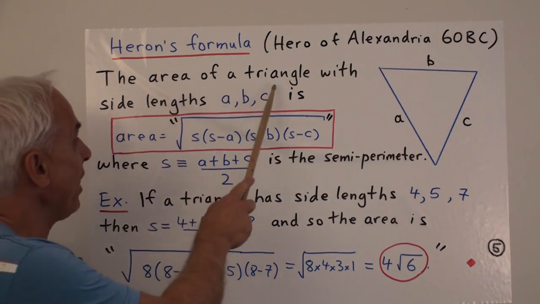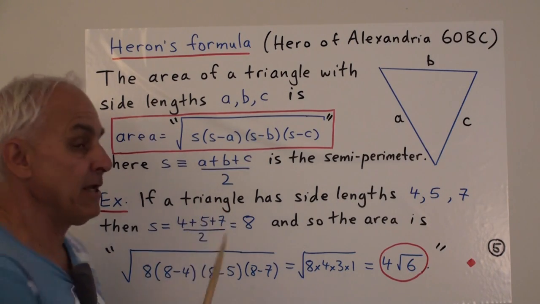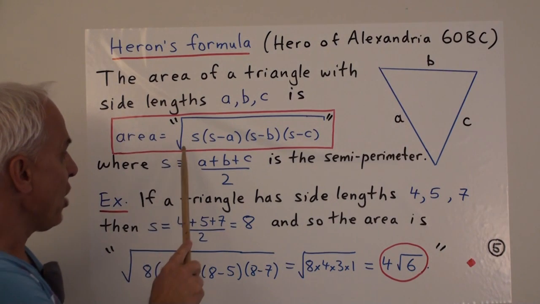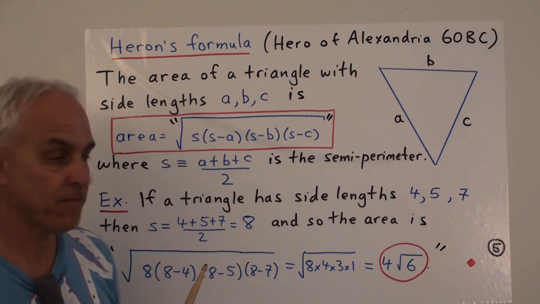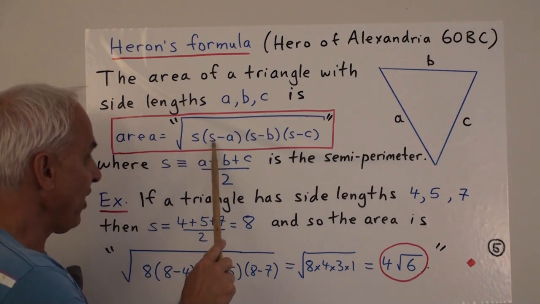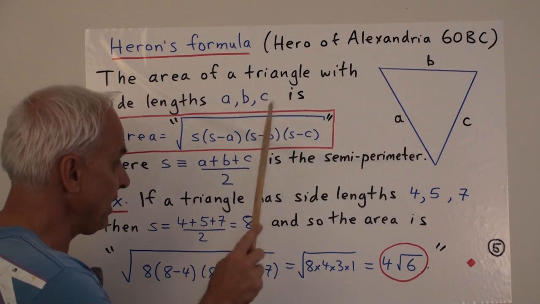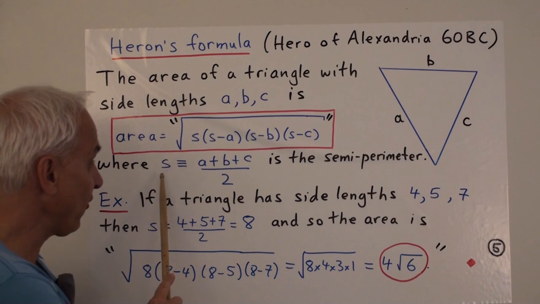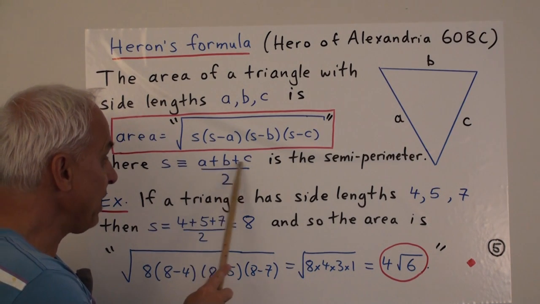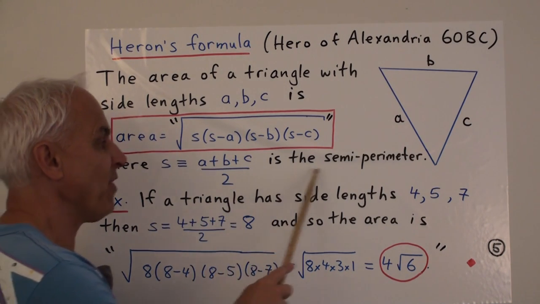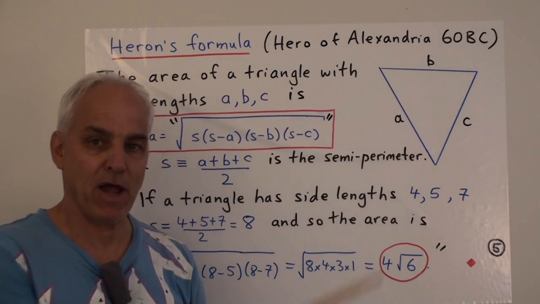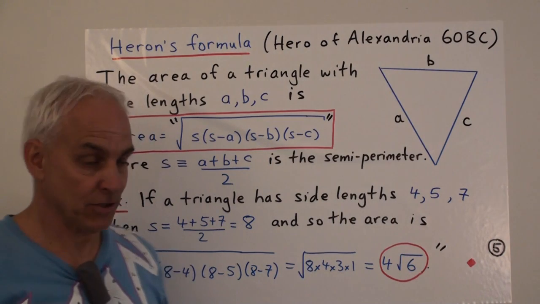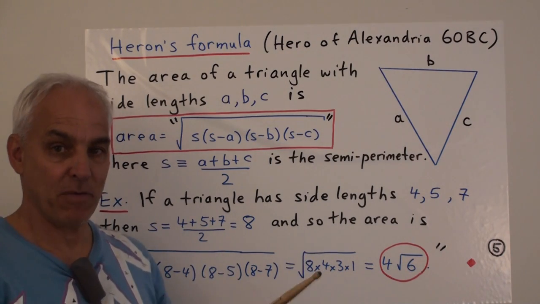The area of a triangle with side lengths A, B, and C is the square root of S times S minus A times S minus B times S minus C, where this quantity S is A plus B plus C over 2, sometimes called the semi-perimeter of the triangle. The perimeter would be A plus B plus C, so this is half of the perimeter.